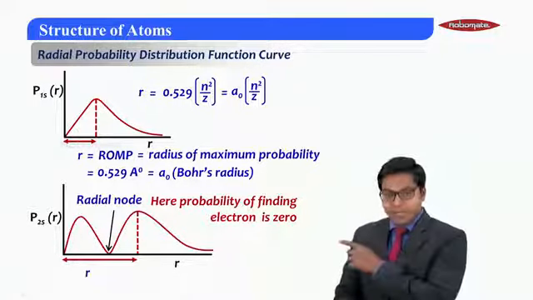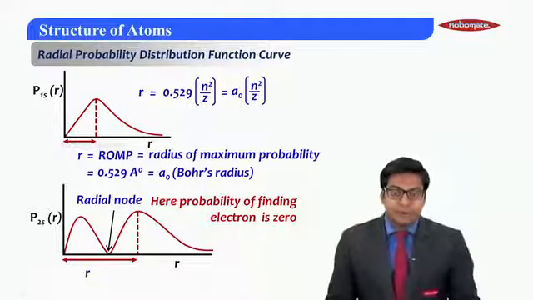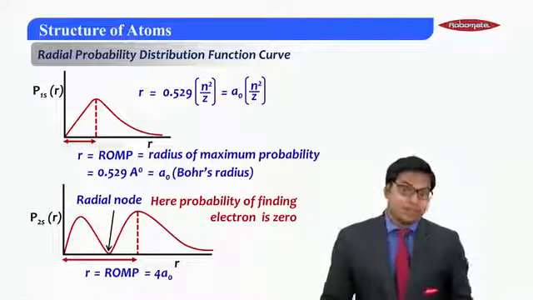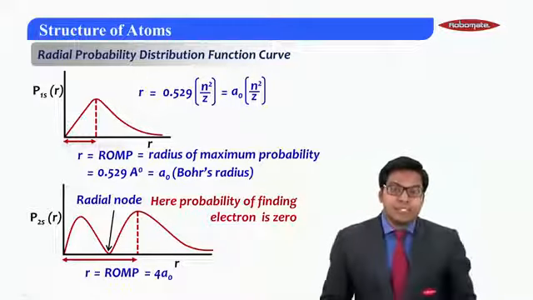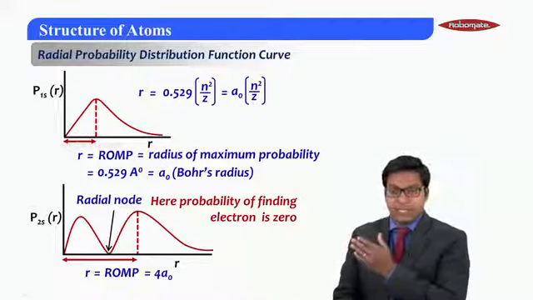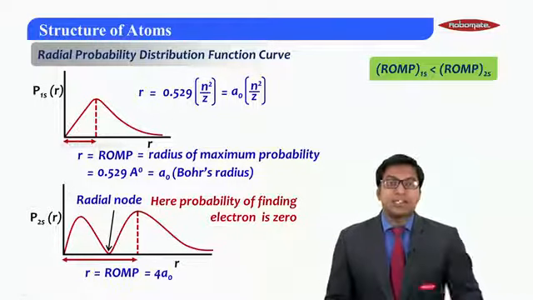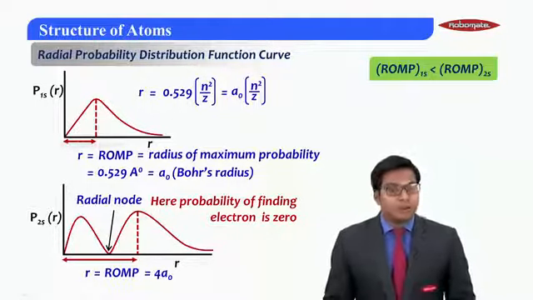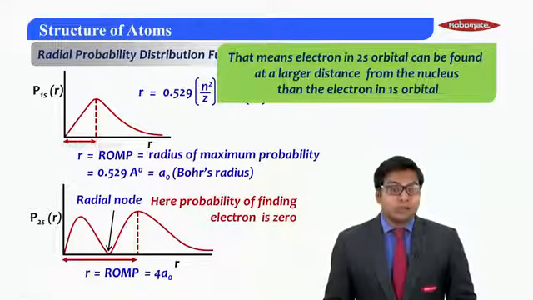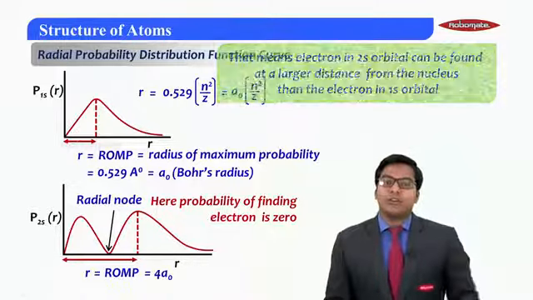Now this is the maximum distance or the peak where we have the highest probability, and this distance amazingly matches 4 a naught, which is again suggesting from Bohr's theory that the radius will be a naught into n square. So it is the second orbit, so n square gives us 4 a naught. So the radius of maximum probability of 1s will always be less than 2s. That means the electron in 2s is always found at a larger distance from the nucleus compared to that of the 1s orbital.